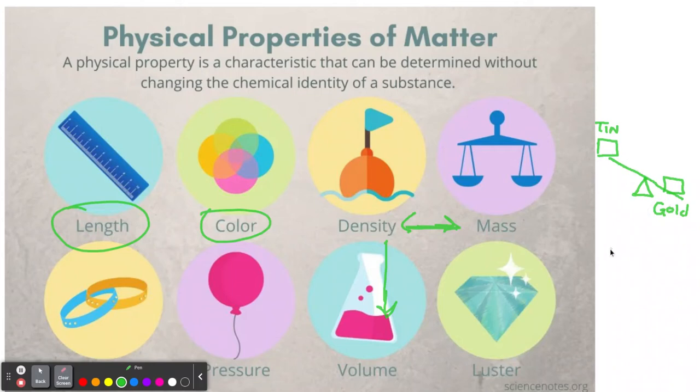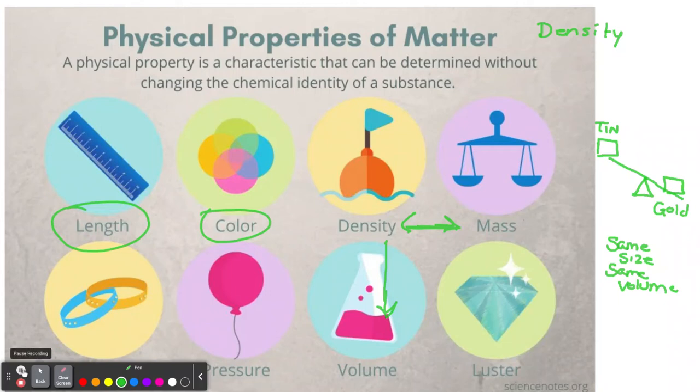And if they're the same weight, if they're the same, not weight, but if they're the same size, and they have the same volume, same size, same volume, gold is heavier because it's more dense. It's denser than tin. So density is a physical property. You can see it on the scale.